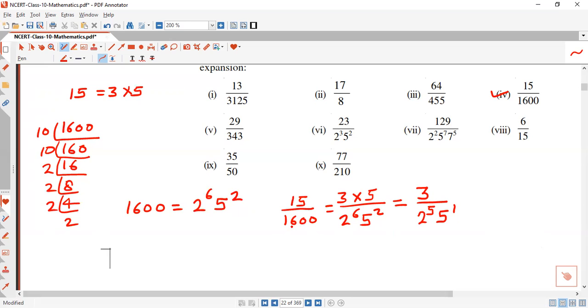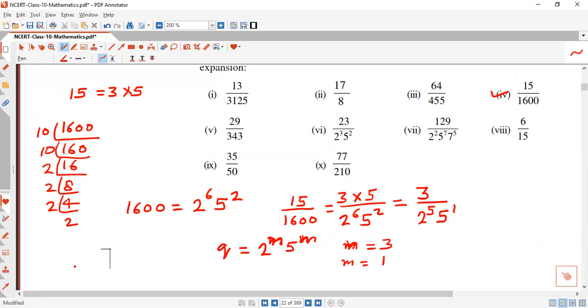So now you see what Q is here. Q is of the form 2 raised to n, 5 raised to m, with n equal to 6 and m equal to 1.